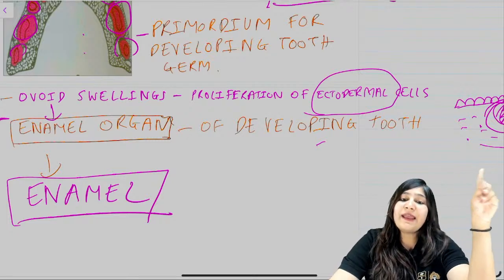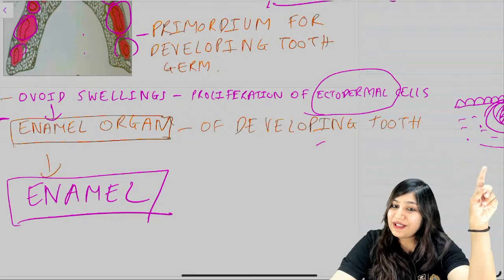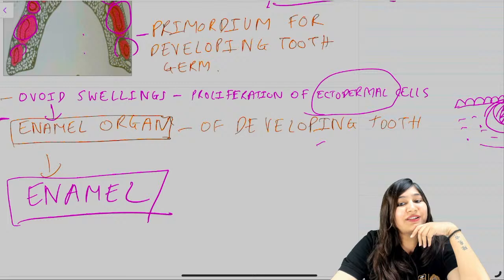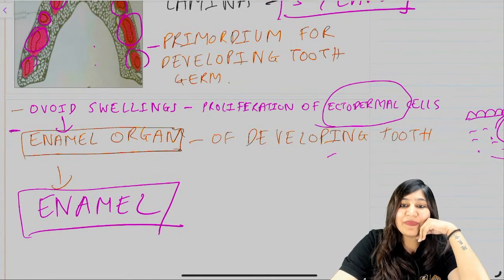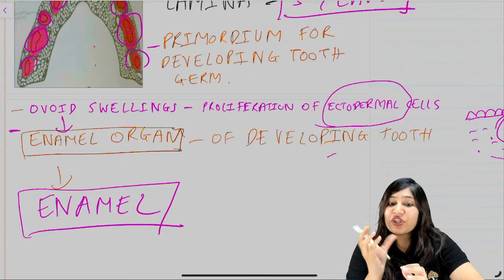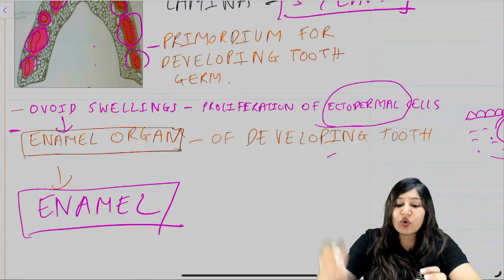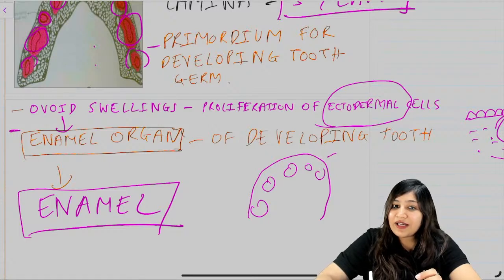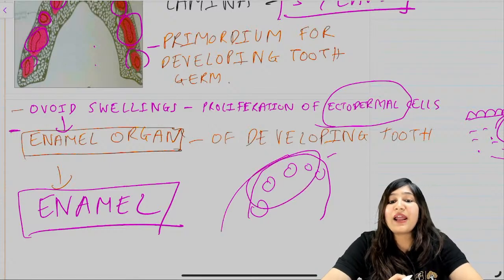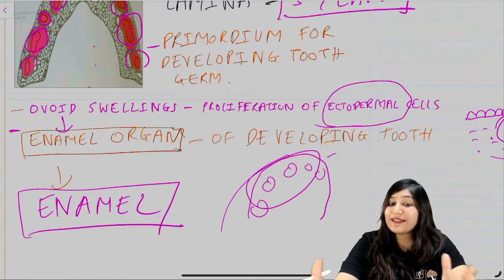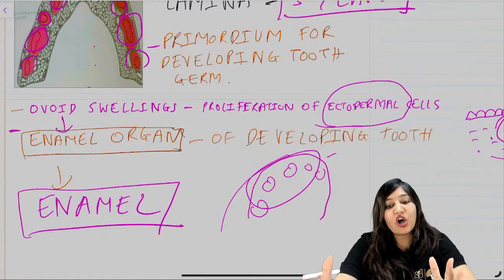Remember, enamel organ forms enamel, and it is mainly an ectodermal structure. So dental lamina is basically formed by the proliferation of our ectoderm, which leads to the formation of ovoid swellings at 10 different locations in our dental arch, and these are our primordium for the developing tooth. Developing tooth may involve deciduous, permanent, or primary tooth.